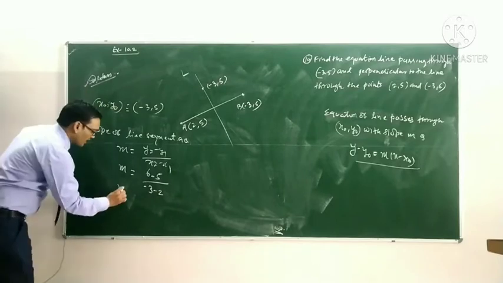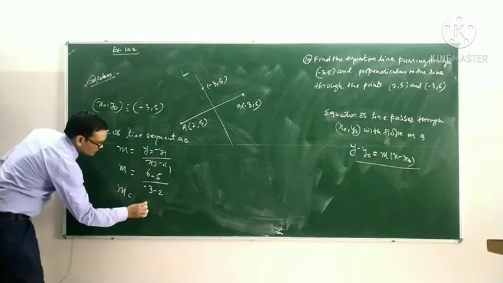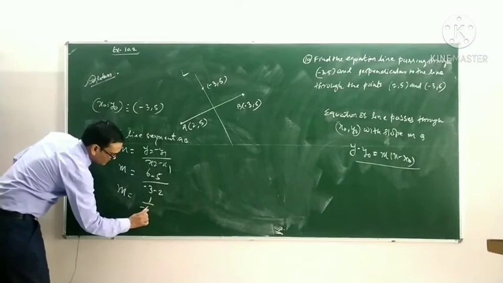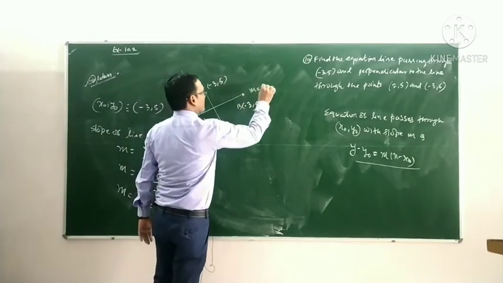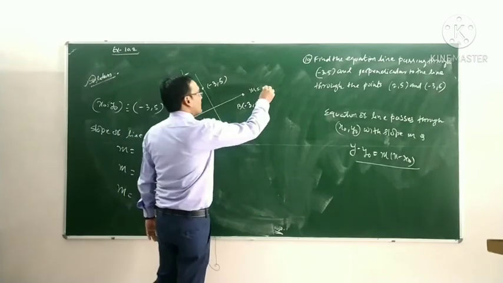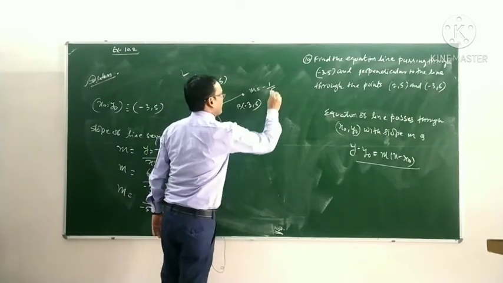Okay students, m equal to 1 upon minus 5. Here the slope of line segment AB is minus 1 upon 5.